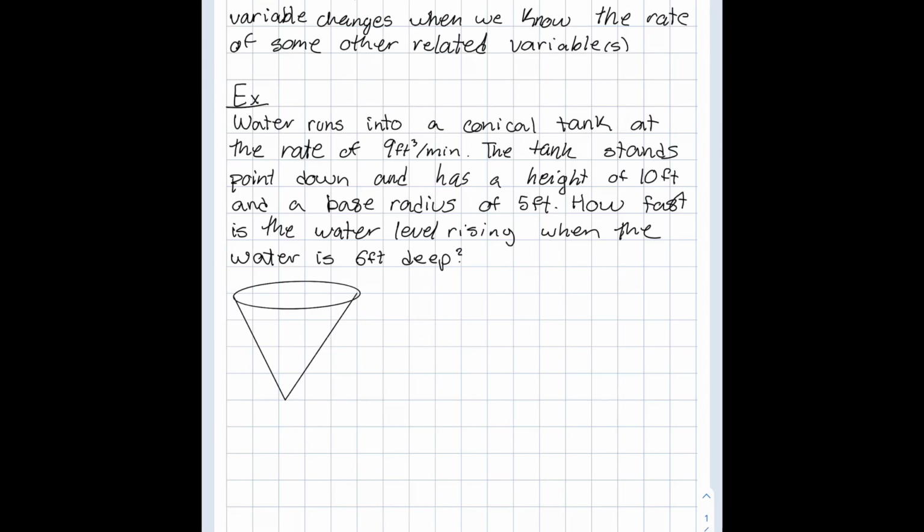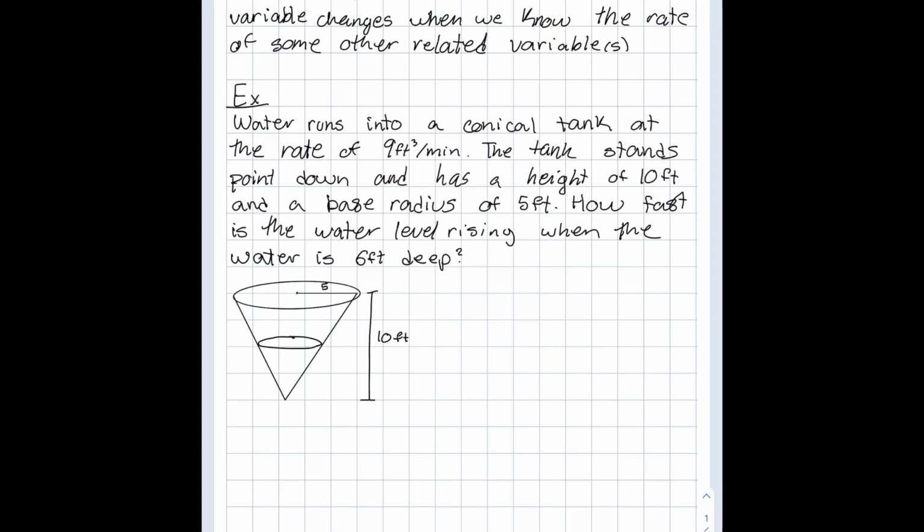This is going to be our center right here, and then we draw a line right here, and that's our radius. That's what it means, base radius. It's 5 feet long, and then our height, from here all the way down to here, is 10 feet.